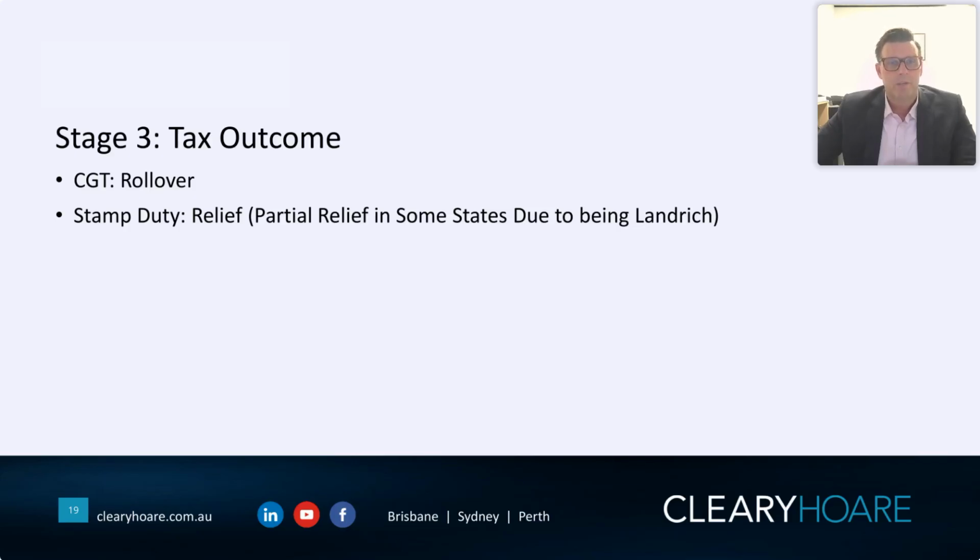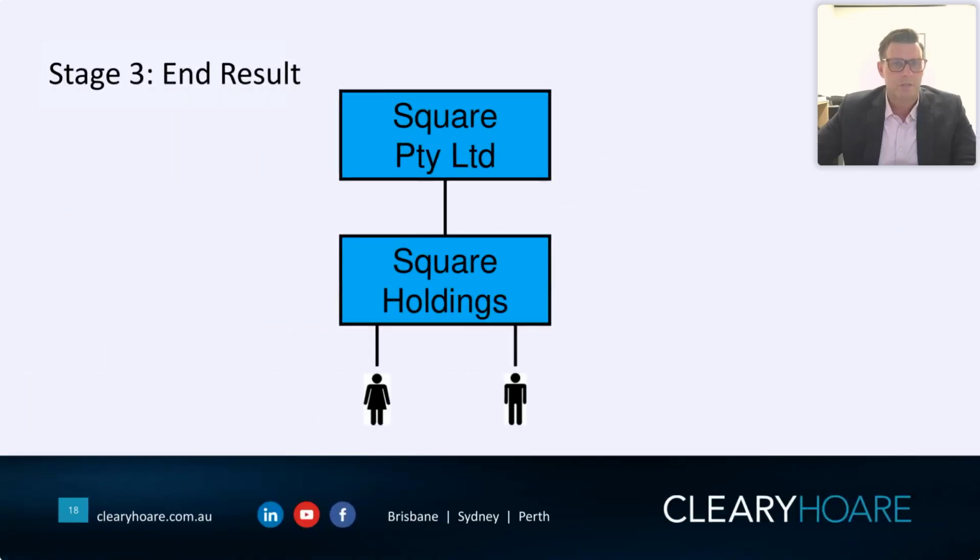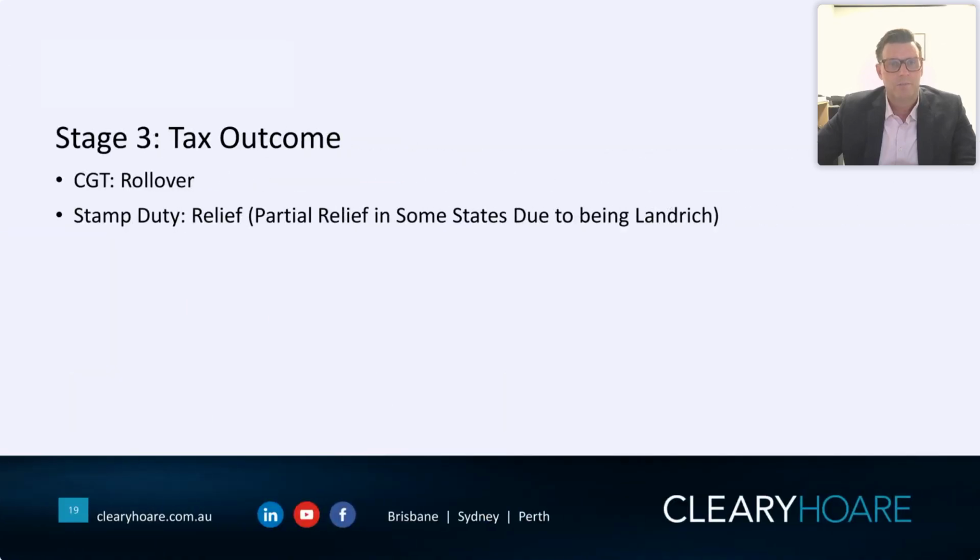And why we need that relief from stamp duty is because we've got a land-rich entity here. Square holds a $6 million building, so it's land-rich. So if we're dealing with the shares, we need to make sure that we qualify as best as we can for that corporate reconstruction relief. Otherwise, we're going to have a large stamp duty bill on transfer of the shares.